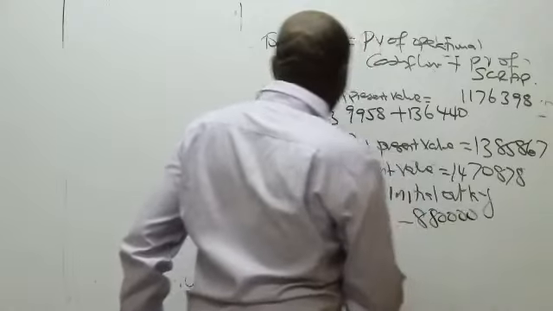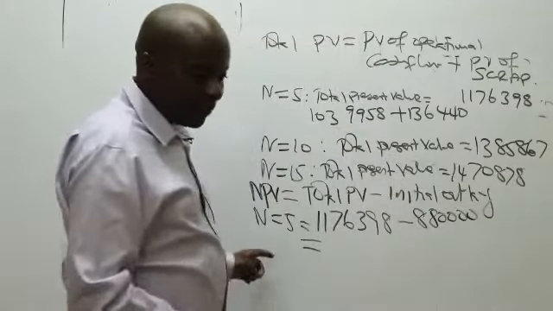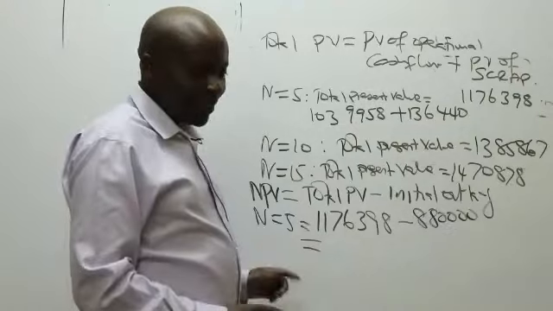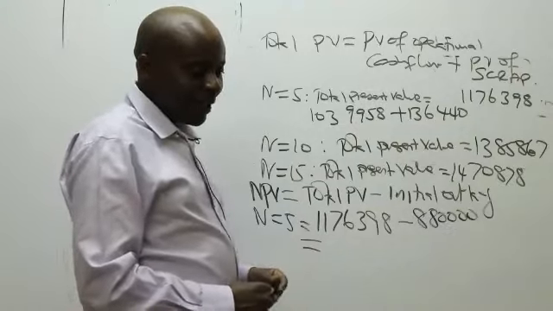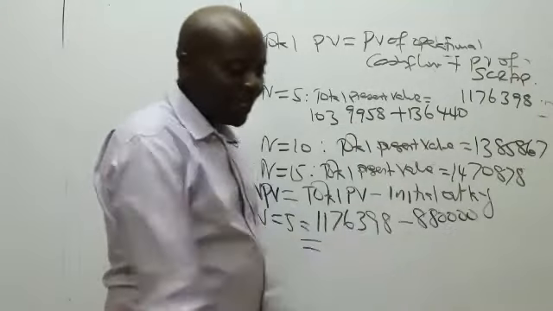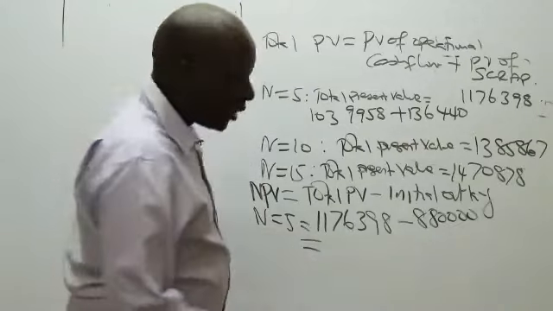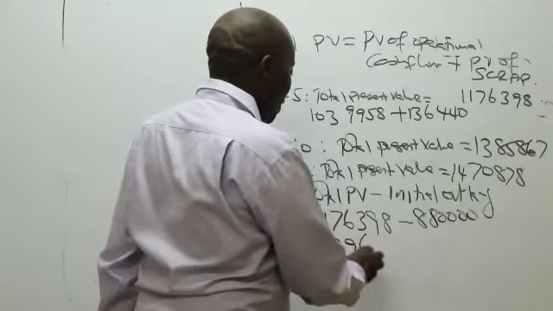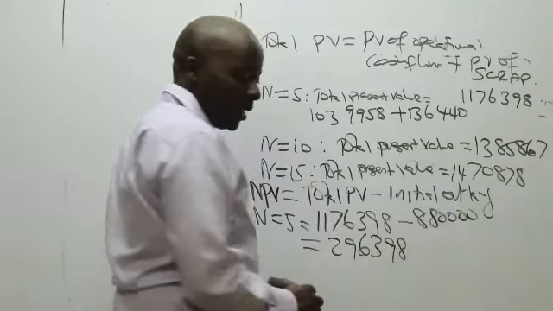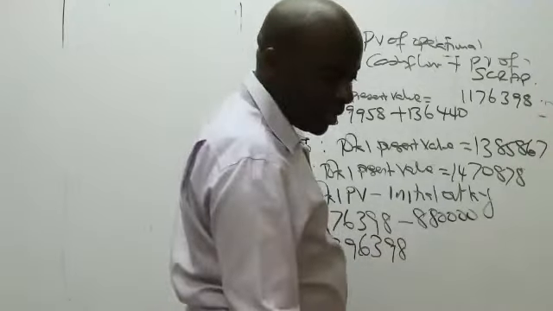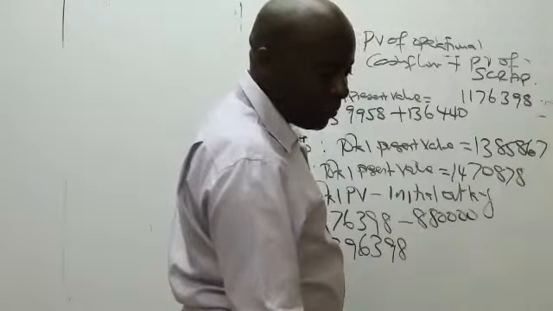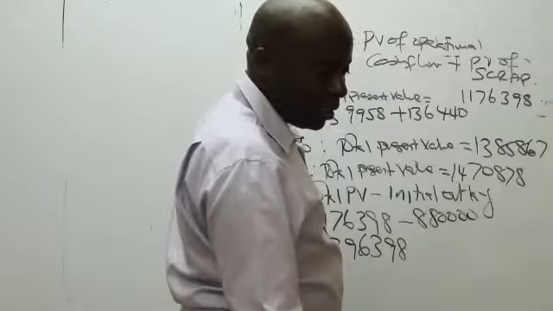Thank you very much. So when n is 5, what is our net present value? 296,398. 296,398.